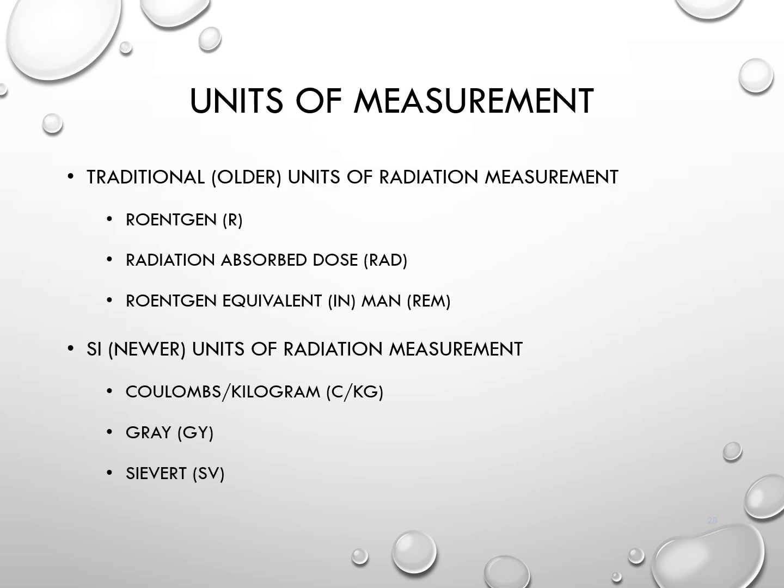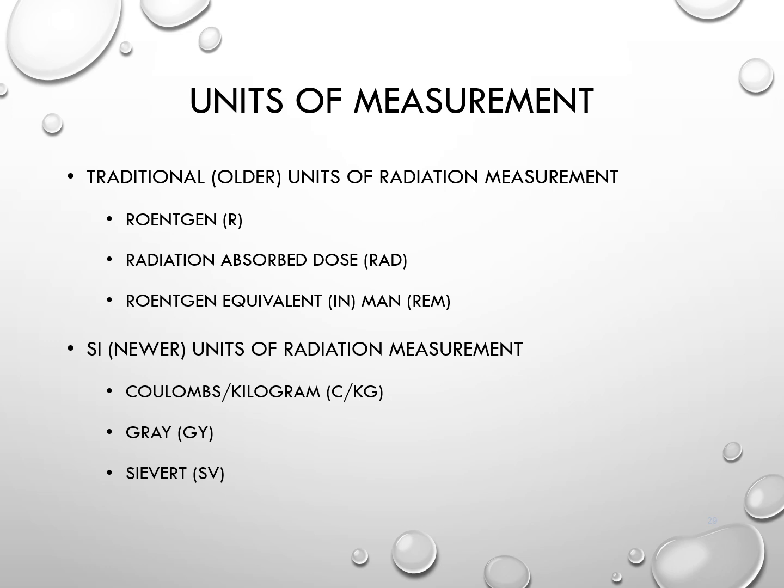So then we're going to talk a little bit about older units of radiation measurement and then the newer units of radiation measurement. The older one was called a Roentgen. It was also radiation absorbed dose, and then Roentgen equivalent in man, or REM.